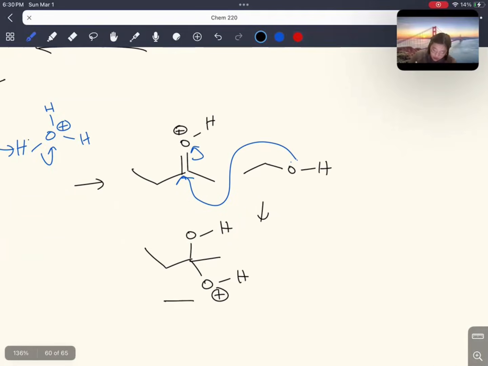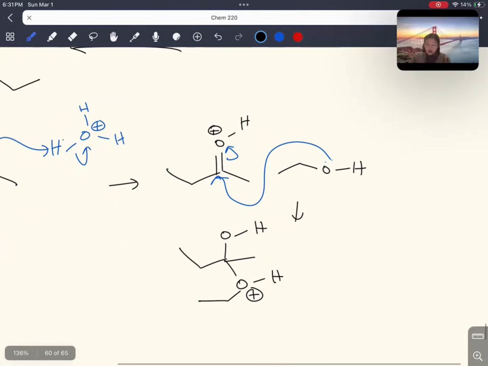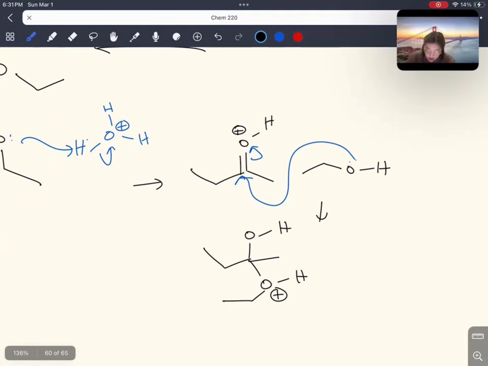Right? Okay. So the next thing that is going to happen is a hydride shift, proton transfer, whatever. It's similar to last time. This is just a bunch of acid-base steps.